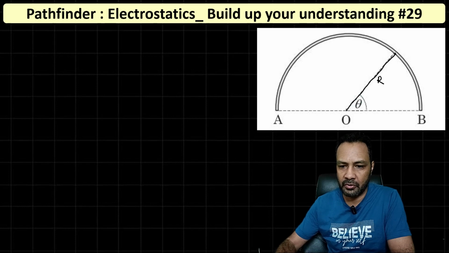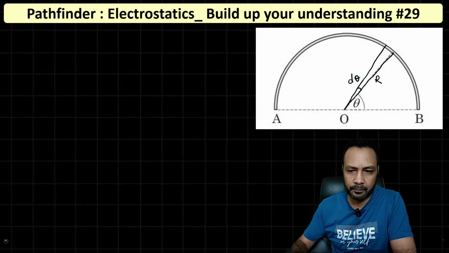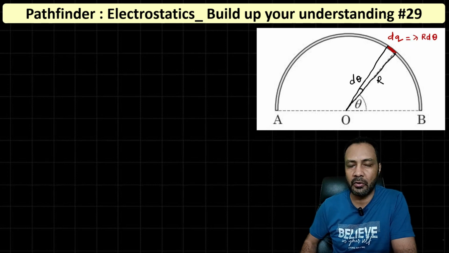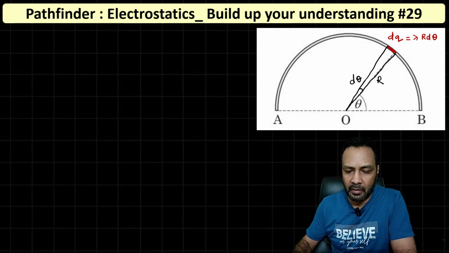The width of this element is R d theta. So the charge of this element will be lambda into length. That length is R d theta, and lambda is lambda naught sine theta.